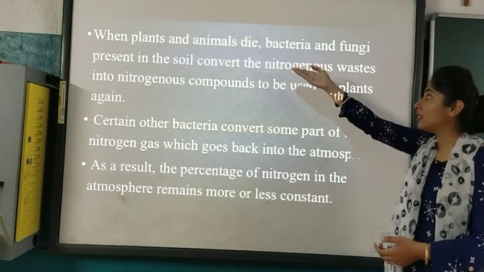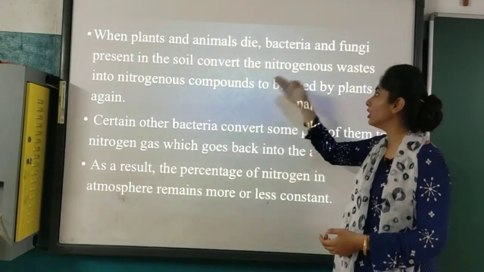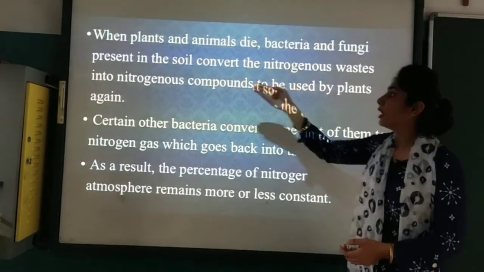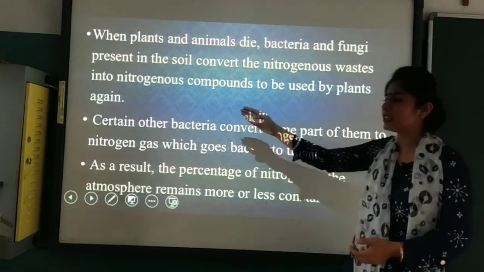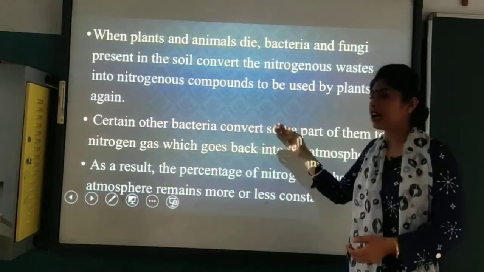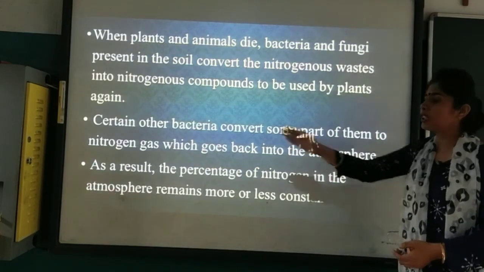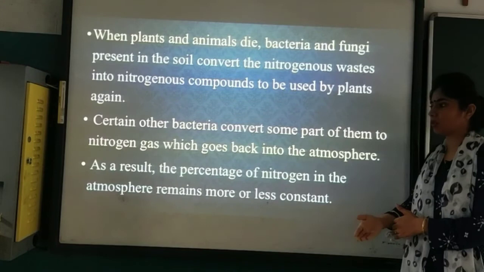When plants and animals die, bacteria and fungi present in the soil convert the nitrogenous waste into nitrogenous compounds to be used by plants again. Certain other bacteria convert some part of them to nitrogenous gas, which goes back into the atmosphere.